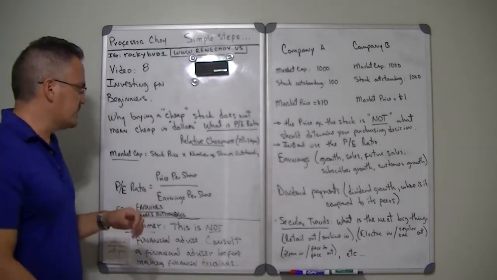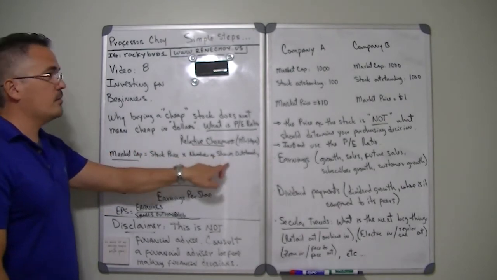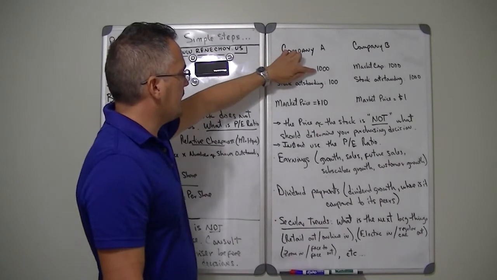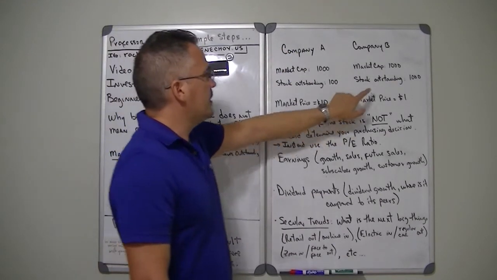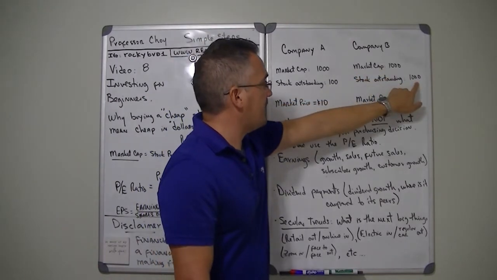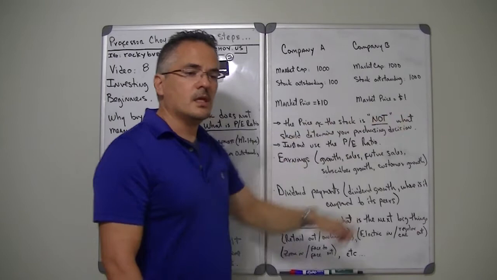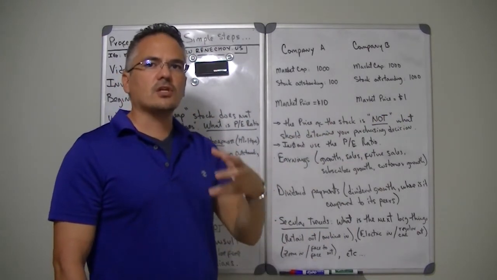Which also tells us that the price of the stock is the market cap divided by the number of shares outstanding. So if we divide this market cap by this amount of shares, you get a $10 market price. But if you take this market cap divided by 1,000 shares, you get this market price. So a low market price does not mean a stock is cheap.